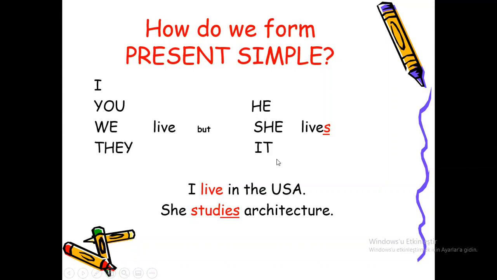But if our subjects are he, she, or it, we use the verb with an S, like in the example. I live in the USA. She studies architecture. Here we put S, but here we didn't put an S to the verb because our subject is I, but here our subject is she.